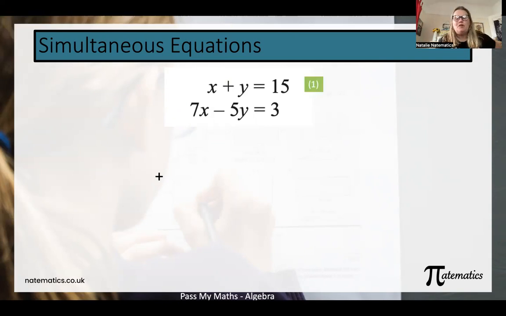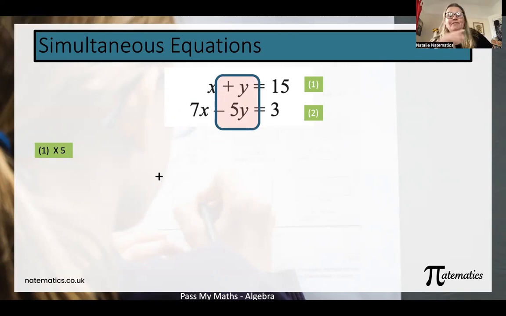So the numbers are not the same here, are they? So what we have to do is we have to multiply one or both of the equations by some number.